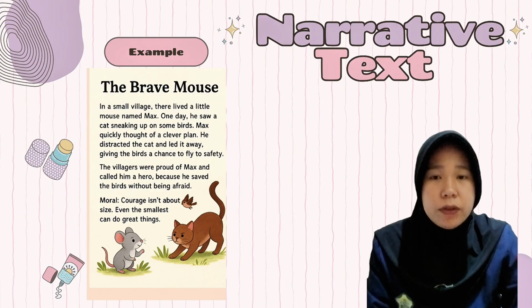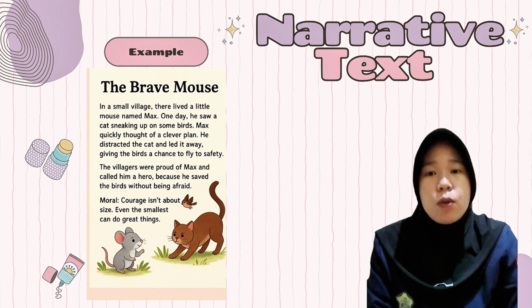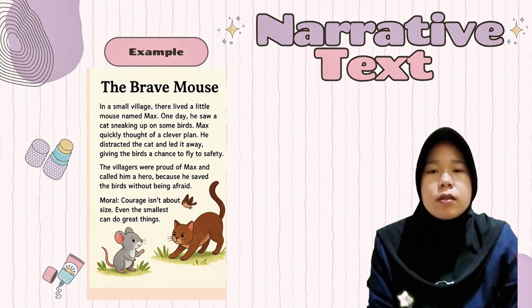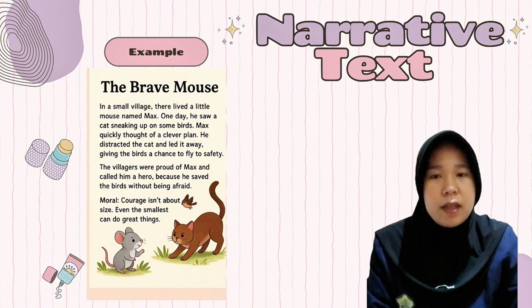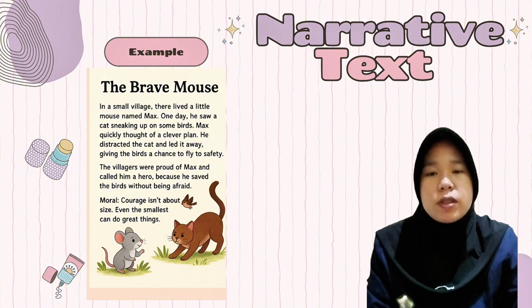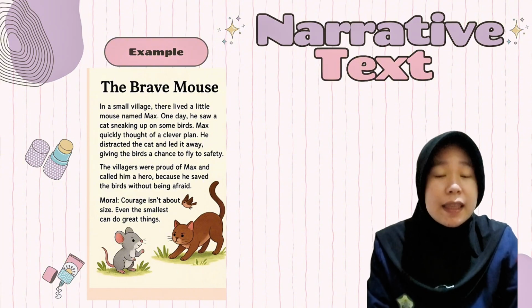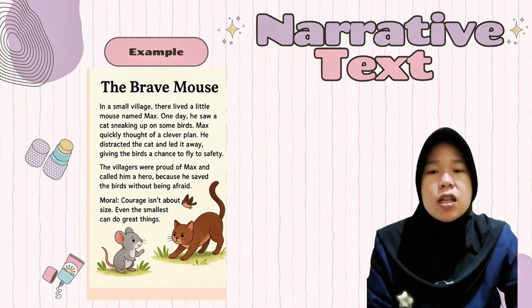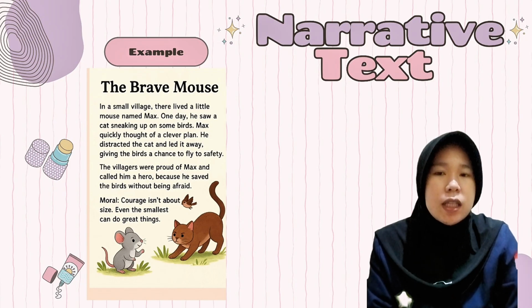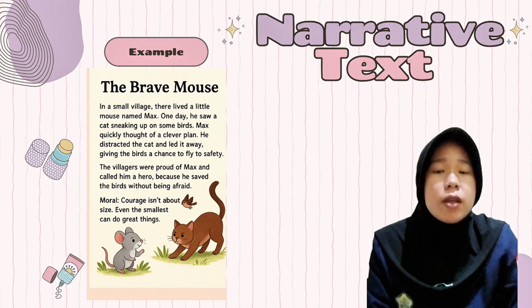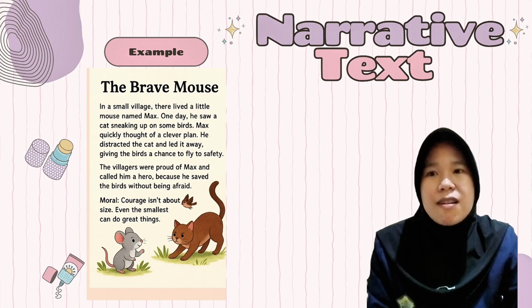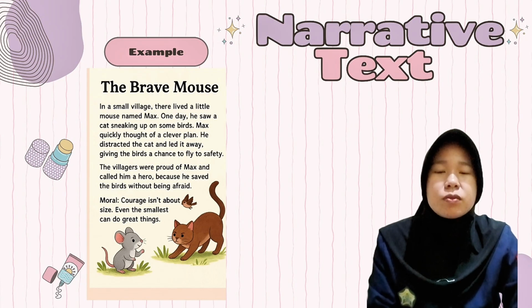At the end of the story, there is also a moral value: Courage isn't about size. Even the small can do great things. The moral lesson teaches us that bravery and kindness are more important than physical size or strength.